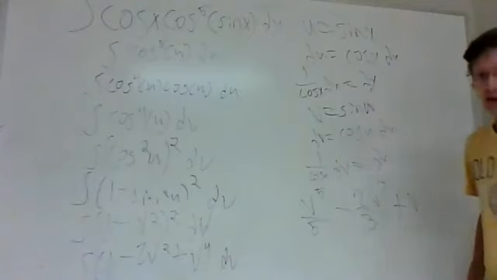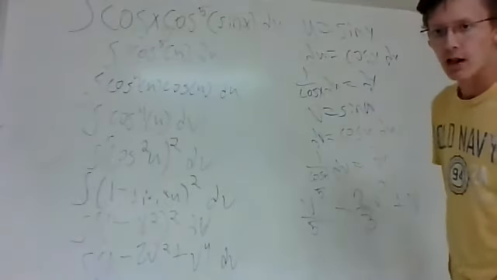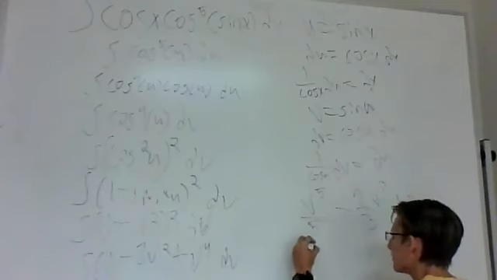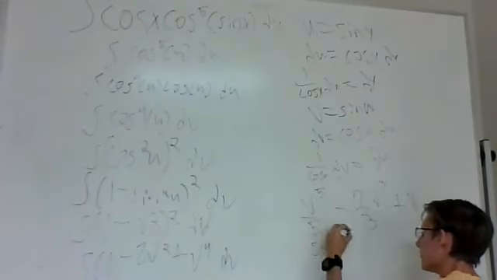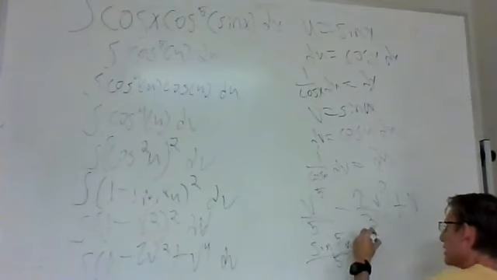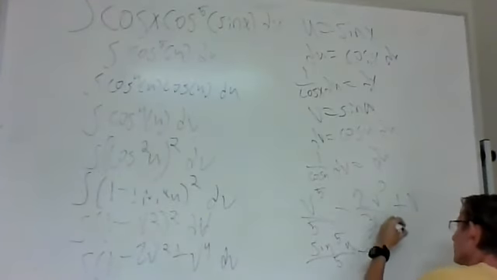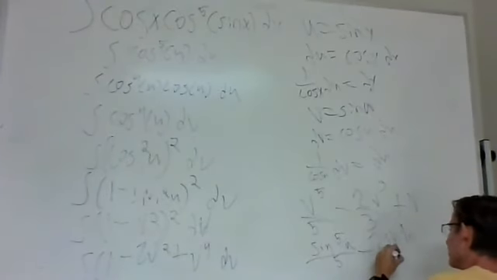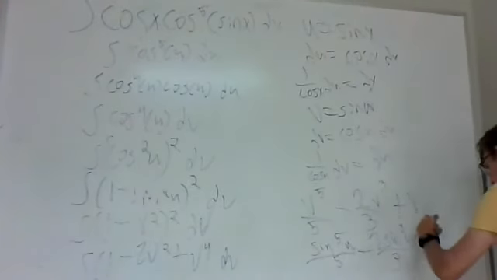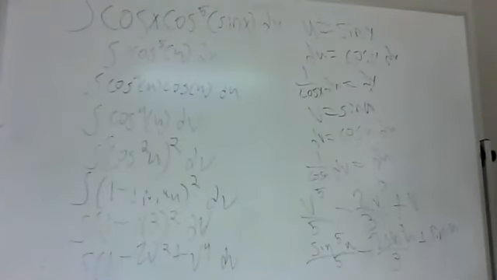We're not going to add the c yet, but we'll add it in a little bit. Replacing the v's now, we get sine to the fifth u over 5 minus 2 sine to the third u over 3 plus sine u.